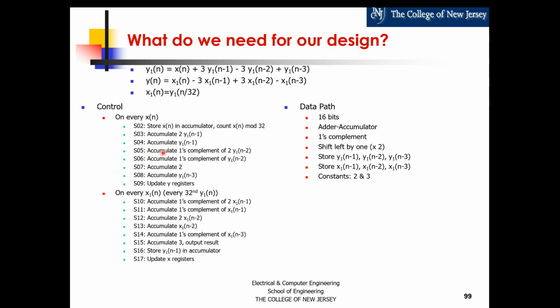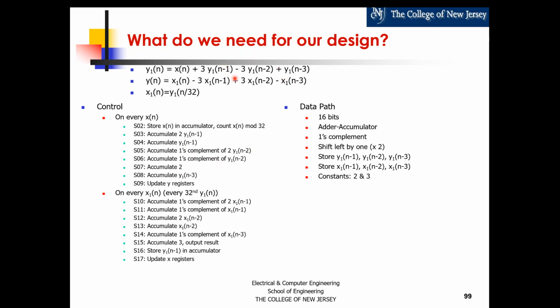Then I'm going to accumulate the ones complement of 2 times this quantity. I'm going to accumulate again the ones complement of that quantity, and I'm going to add 2. By doing the ones complement twice and adding 2, essentially I have taken the 2's complement of this and the 2's complement of this.